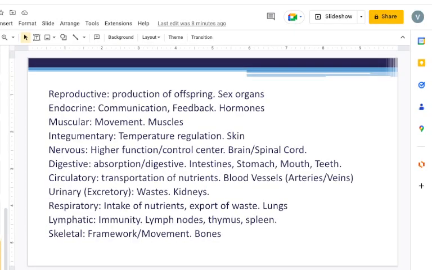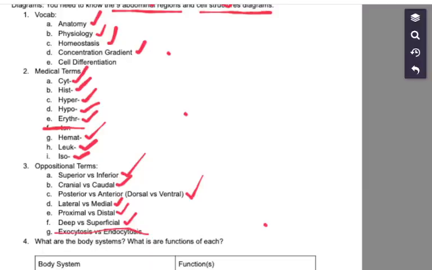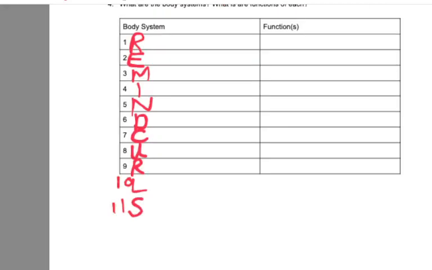We can remember the body systems with the mnemonic REMINDURS... remind curls. All right, here's our remind curls, where this would be our respiratory or reproductive. So for our R's, we can put respiratory. And here we have reproductive. E is endocrine. M is muscular.